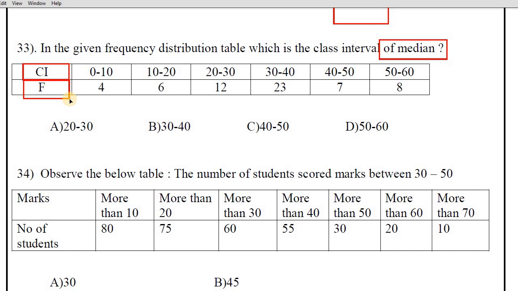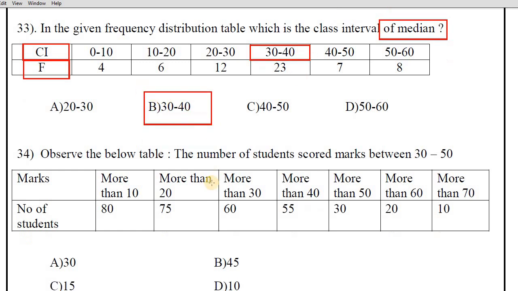Whenever they ask to find the median class, you want to find the cumulative frequencies, and you are familiar with how to find them. After finding the cumulative frequency, add the F column, you will get N equals 60. 60 divided by 2, you will get 30. That 30 lies in the class interval 30 to 40. Hence for this question, option B is correct.